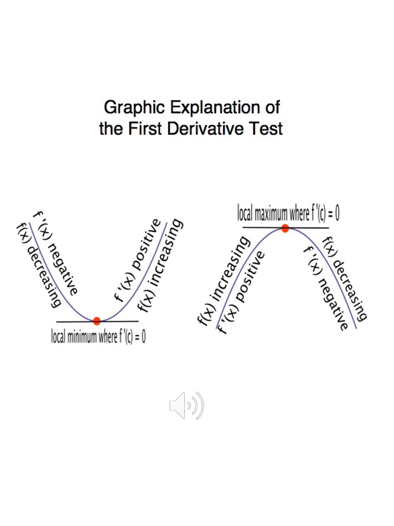Next, I'd like to give you a graphic, intuitive understanding of why the first derivative test works. For example, if you look at the graph on the left, where we have a local minimum, we know that when you have a local minimum, the slope of the tangent line is going to be 0.